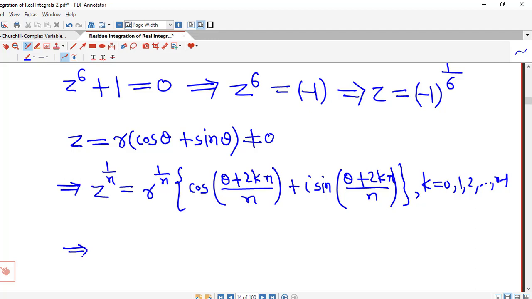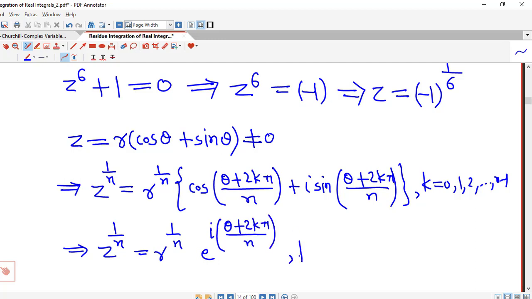If we wish, we can write this shortly in exponential form using Euler's formula, as e raised to i times (theta plus 2k pi) divided by n, k equal to 0, 1, 2 up to n minus 1.